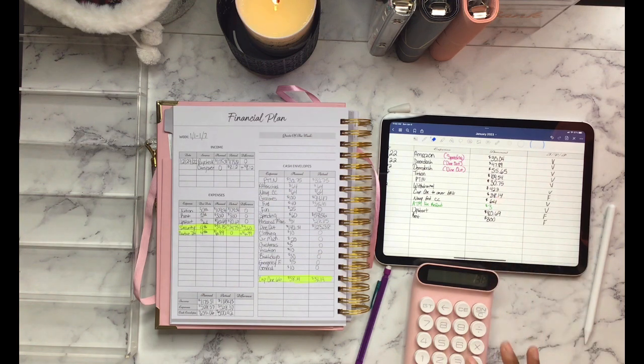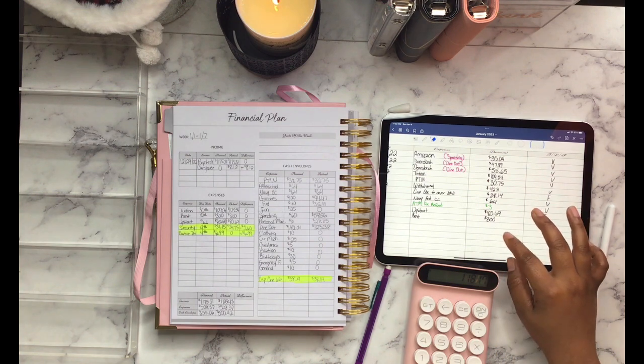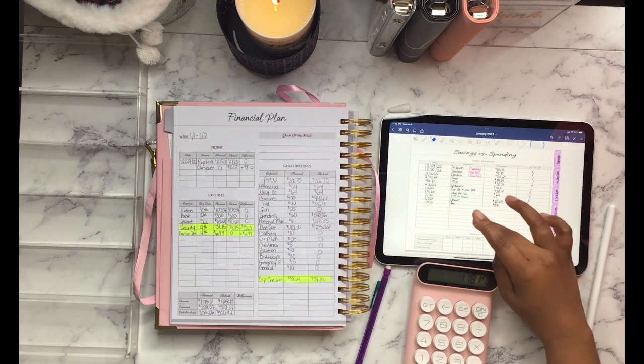Plus 38.14 plus 64, minus 3 because they reimbursed me for that ATM charge, plus 80.69 plus 300. That's $1,181.70 that was spent.